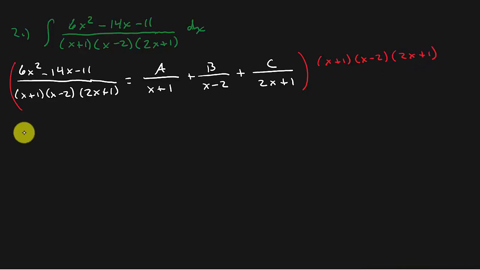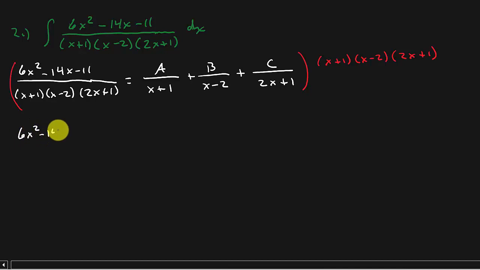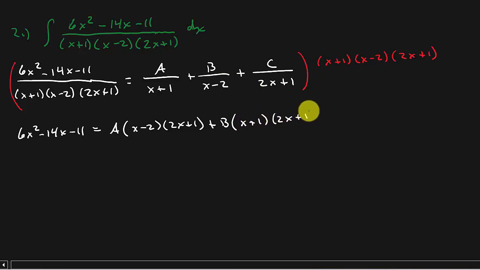And so that's going to give us 6x squared minus 14x minus 11 equals A times, okay, so the x plus 1's cancel, and I'm left with x minus 2 times 2x plus 1, plus B times, and the x minus 2's cancel, so I'm left with x plus 1 times 2x plus 1. And then plus C times, and then the 2x plus 1 cancels. I'm left with x plus 1 times x minus 2. All right.